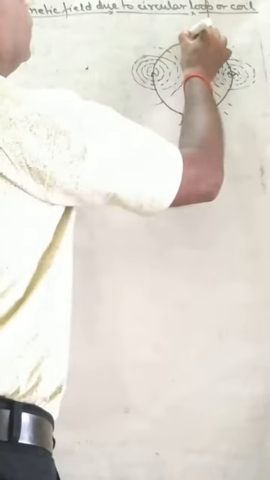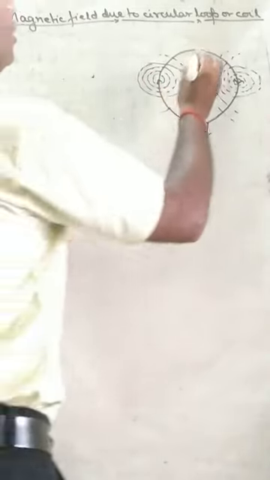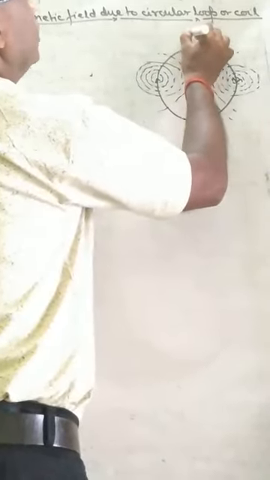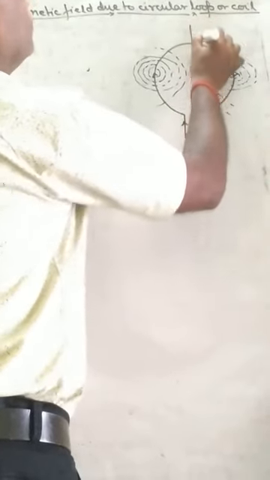In this way. In between them, the circles become larger going away from the coil, and in between them you will get a straight line like this.